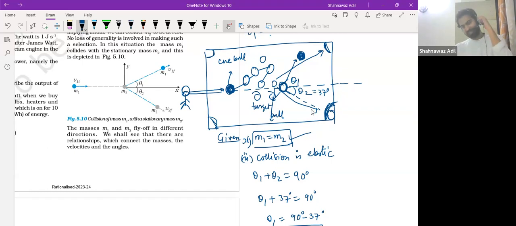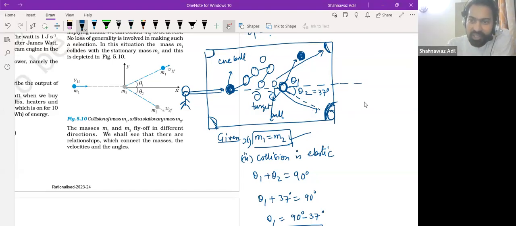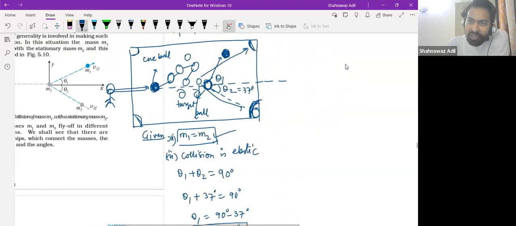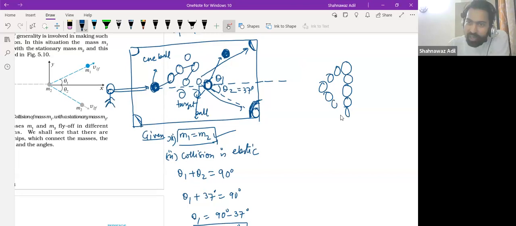Because let's say you are striking, and this is how the balls are arranged. Then you strike those balls in here, so this will strike this ball in this direction, and these balls will go in this direction.